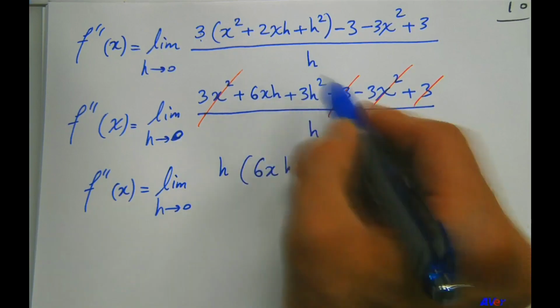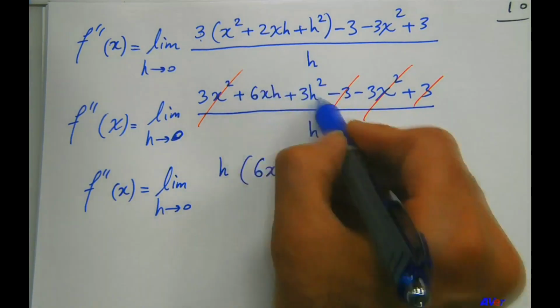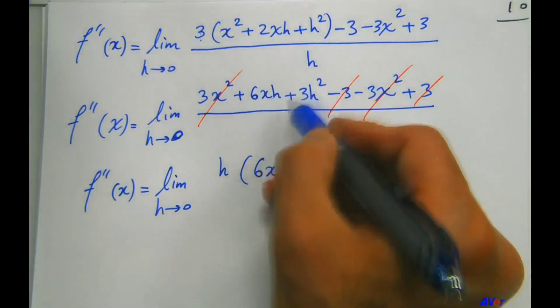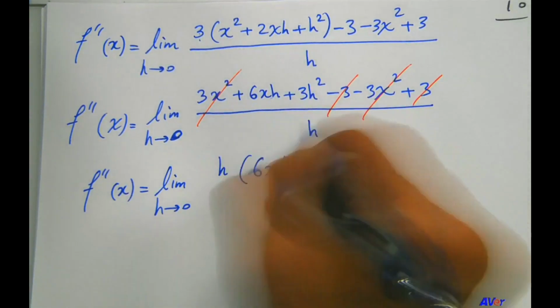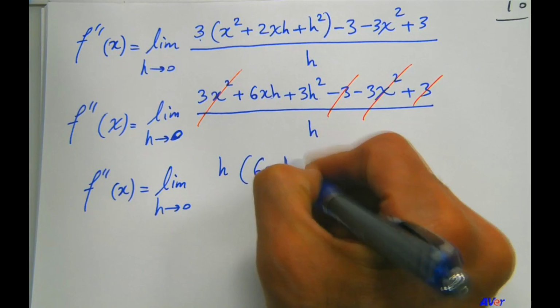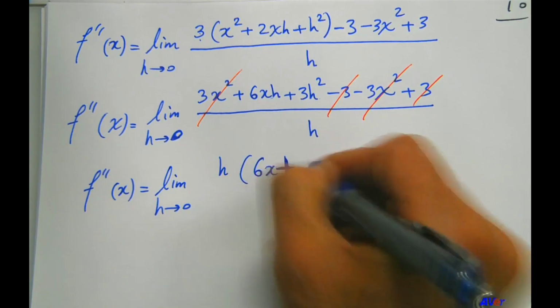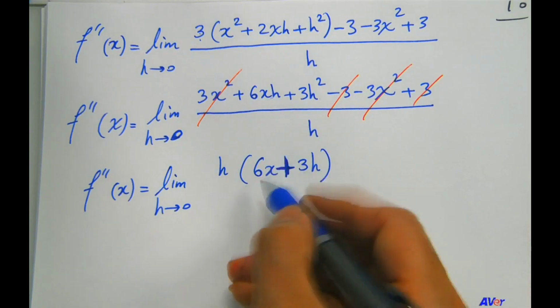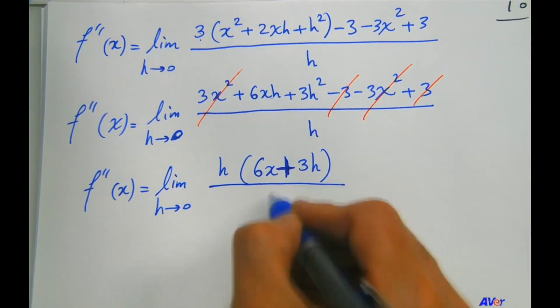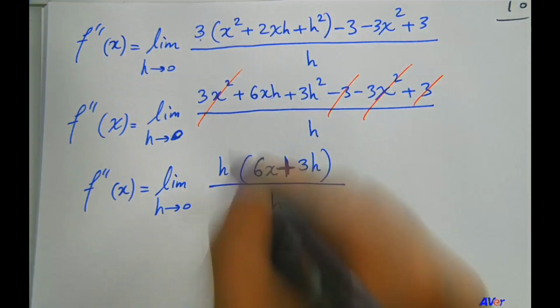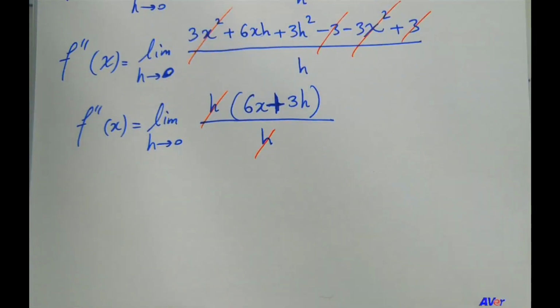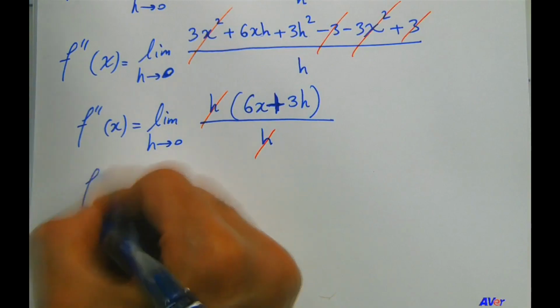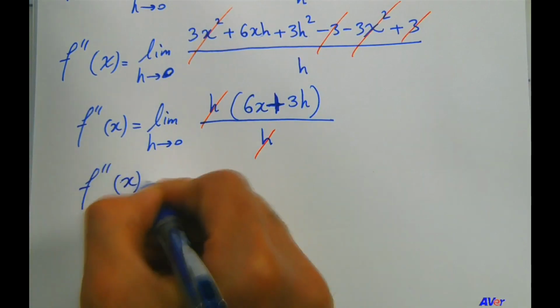So we only have these two terms. They both have an h in common. So let's factor it out. We get 6x plus 3h over h. And of course now these two h variables cancel out.